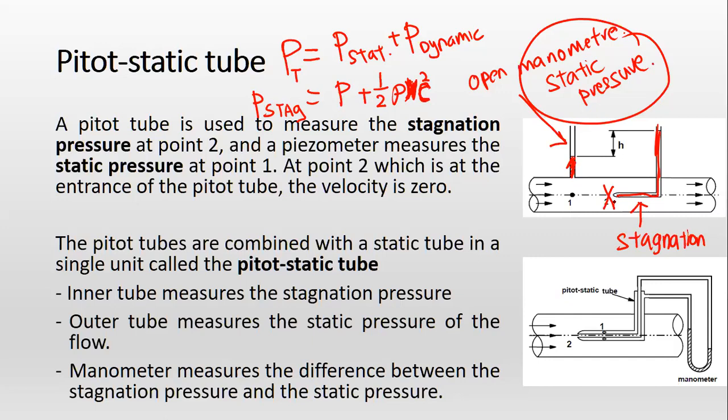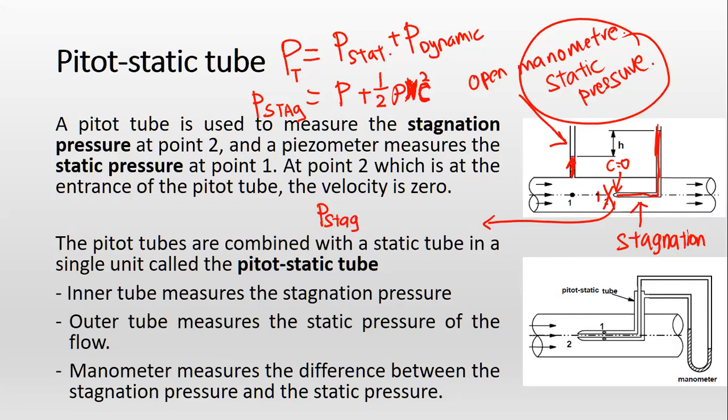What this L-shaped pitot tube does is that it brings the flow to a stop, such that the velocity here at the tip is equal to 0. Because energy is being conserved, if you bring the flow to 0 over here, what you're actually measuring is the stagnation pressure.